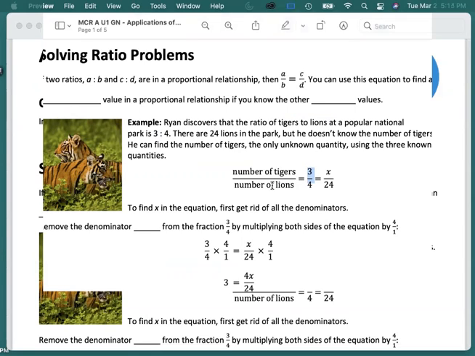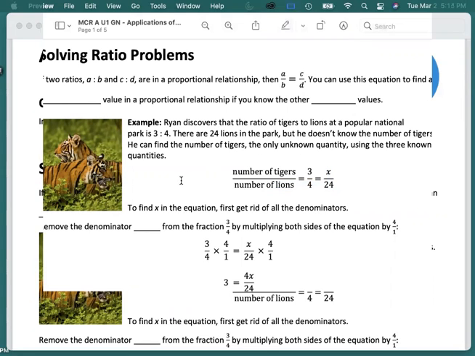And then lions is on the bottom and 4 is on the bottom because lions was mentioned second. And we know that there's 24 lions, so I'm putting that on the bottom along with lions. Okay, so everything matches up. We don't know how many tigers there are, so that is X.